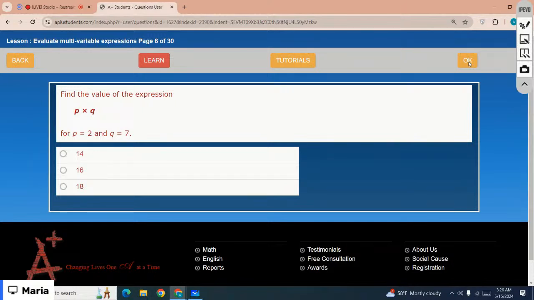So which is the correct option? The correct option is 14.